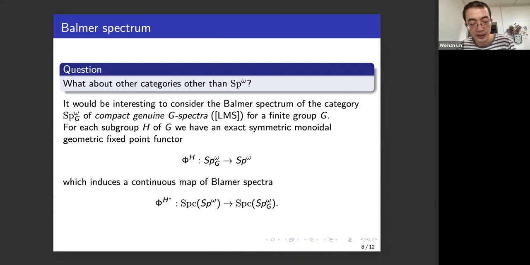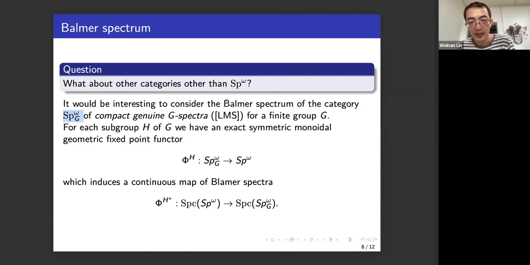In the summer school that year, we talked about equivariant homotopy theory, and I don't remember if there are video recordings, but we were talking about equivariant spectra. You can think of it as spectra with a G action. So this is a very interesting category.